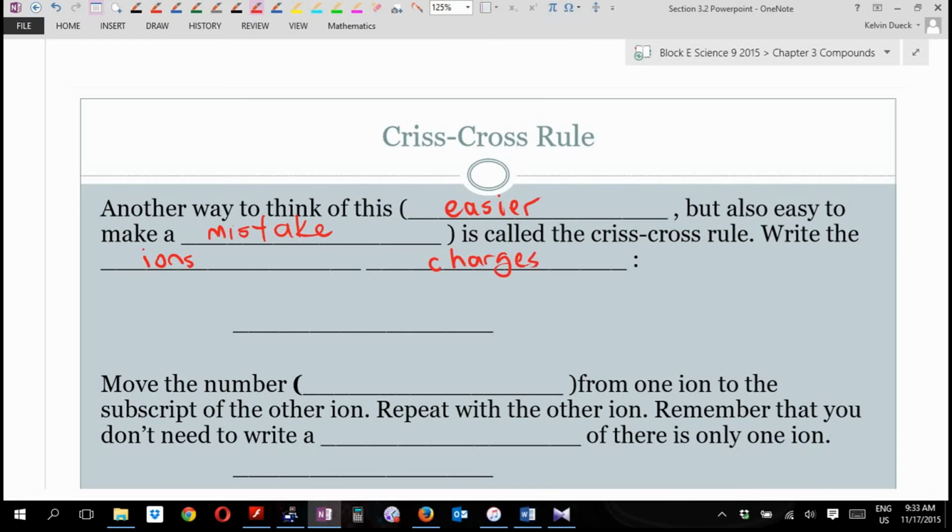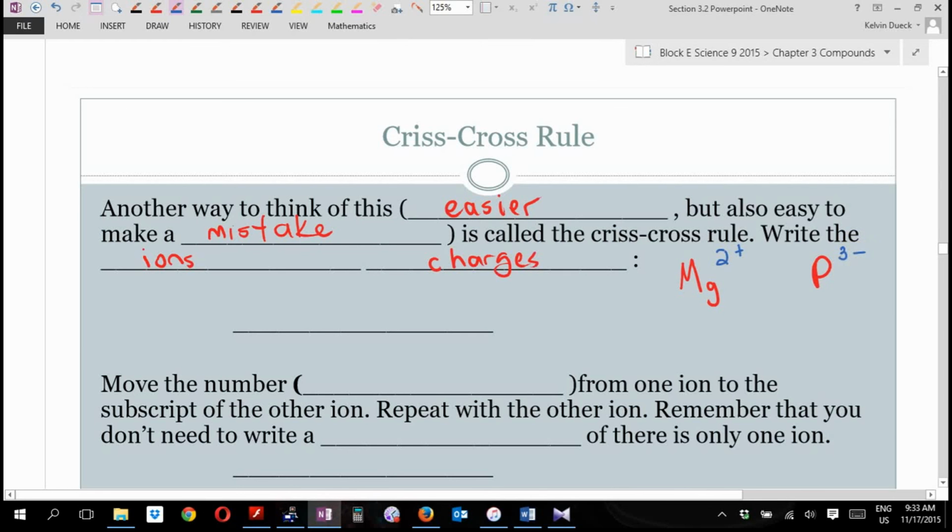As an example, when we had Mg and P. What's the charge on magnesium? What's the charge on phosphorus?